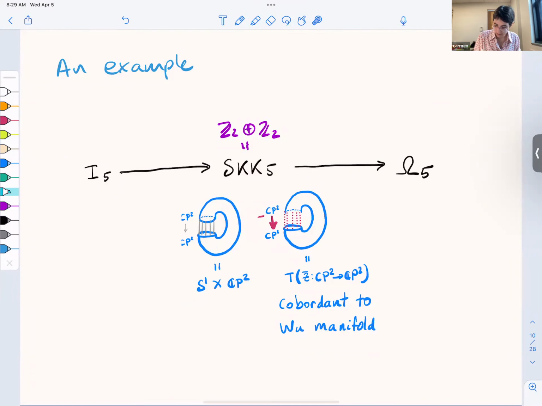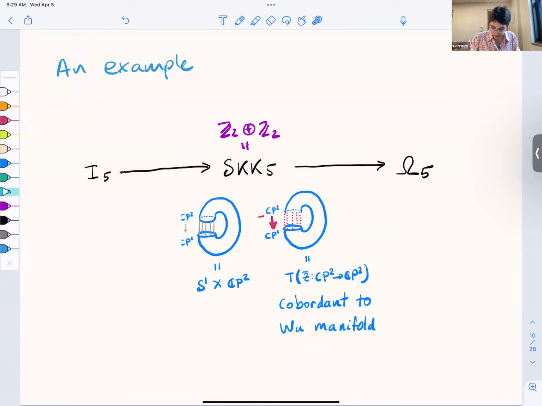The difference between these two mapping tori comes from how I am gluing the two ends. On the left-hand side, I am gluing via the identity. If I glue via the identity, then the resulting manifold is just the Cartesian product of S1 and CP2.